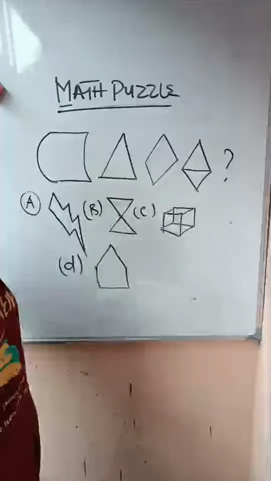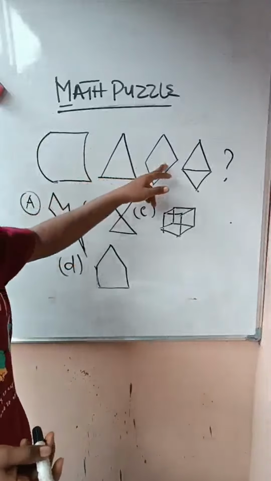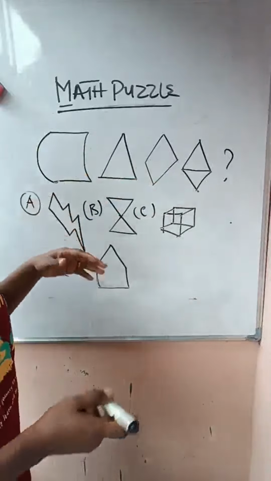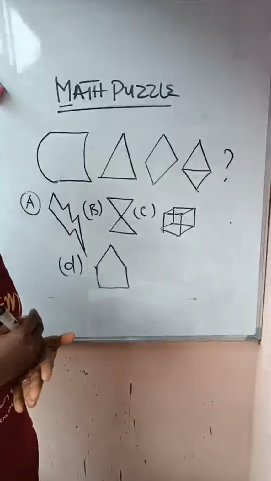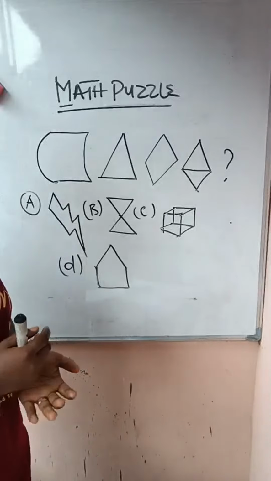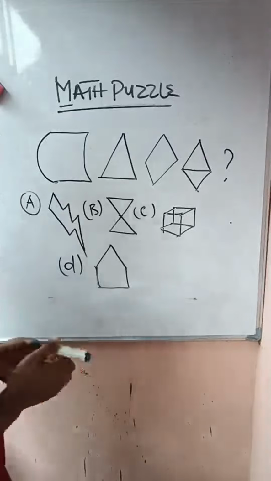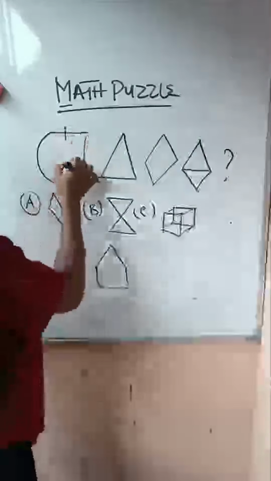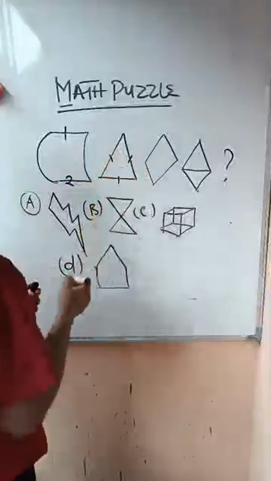So let's do it. All these shapes, it's not about the shapes. It's about how many straight lines you can see in each shape. So here we have 1, 2. Here we have 1, 2, 3.